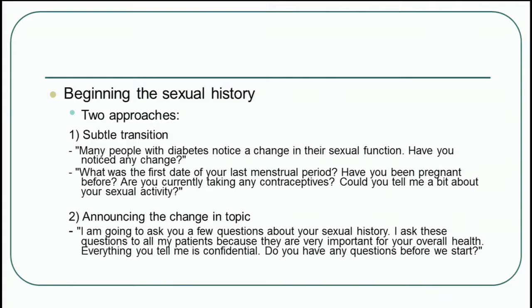In the subtle transition, you want a free flow of ideas which lead up to the discussion of sexual health. And so you want to start at a distance further away from the patient and from the topic of their sexual health and slowly move towards the topic of sexual health and how it relates to the patient.